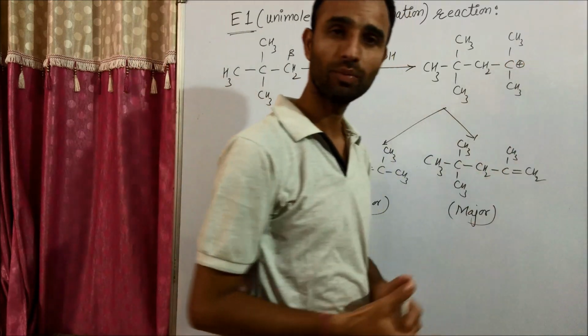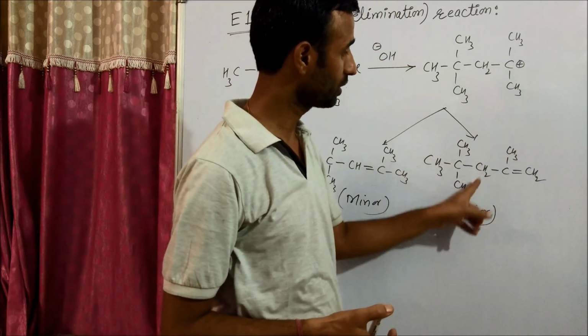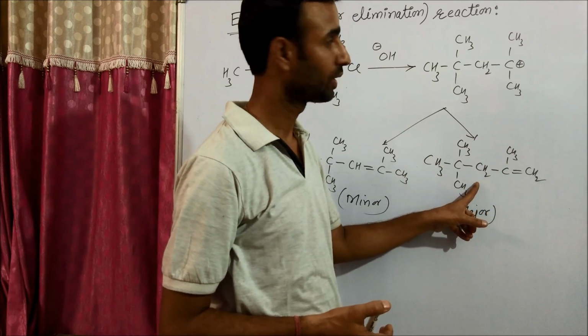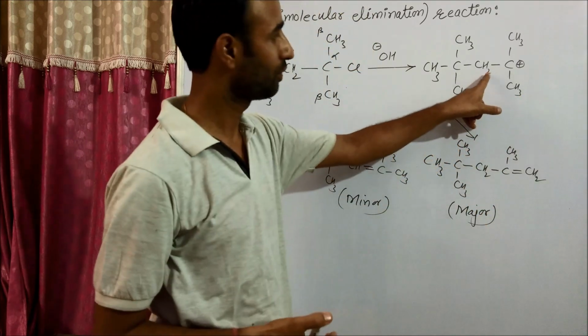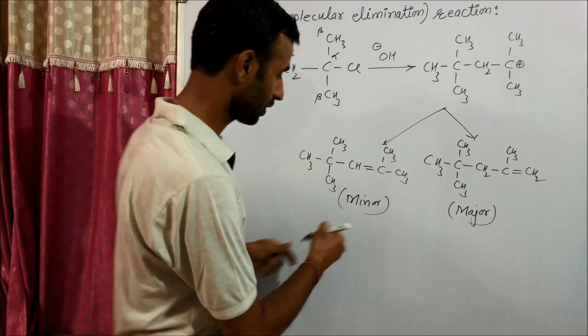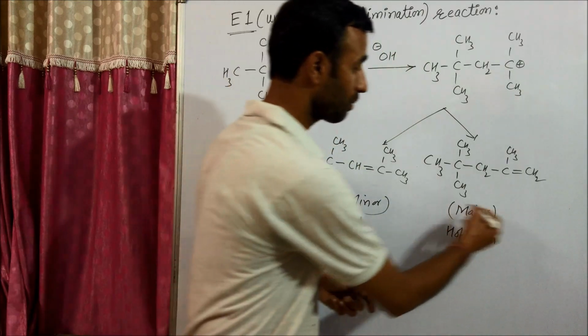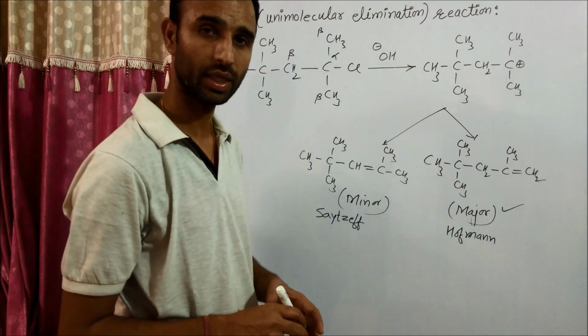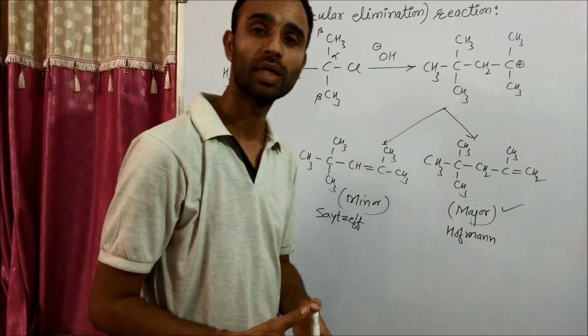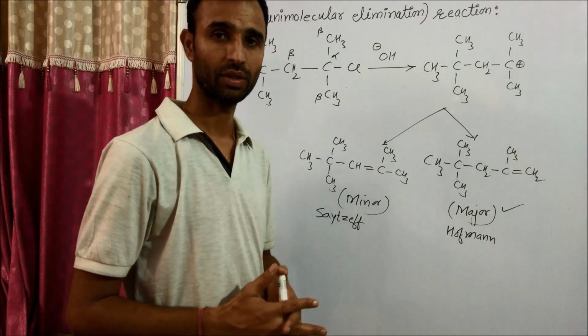This carbocation is formed, so the normal product is this, and if we remove this, we get this, the Saytzeff product. The Hofmann product is the major product in this case because of steric hindrance.